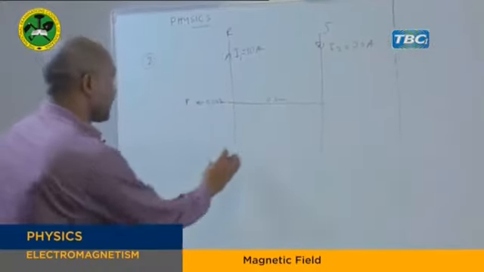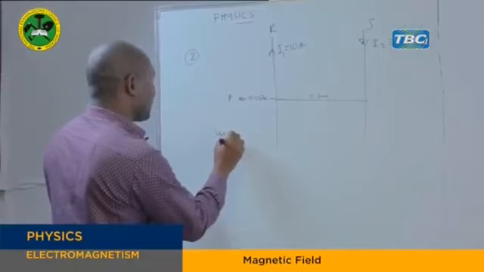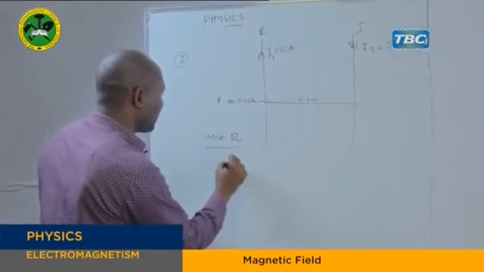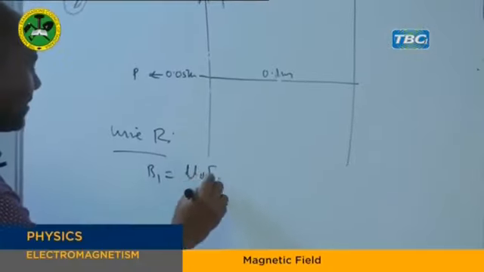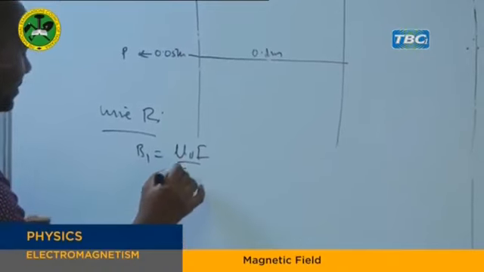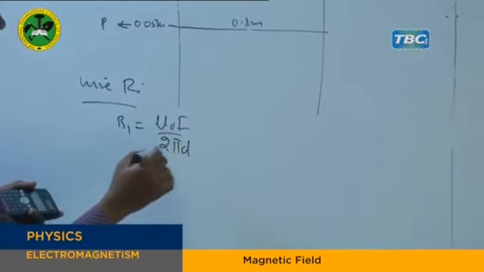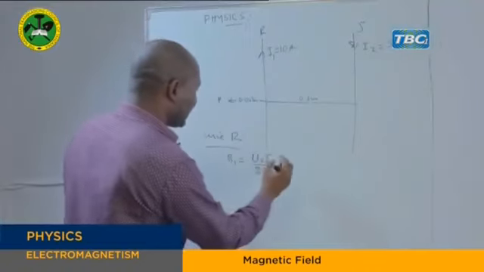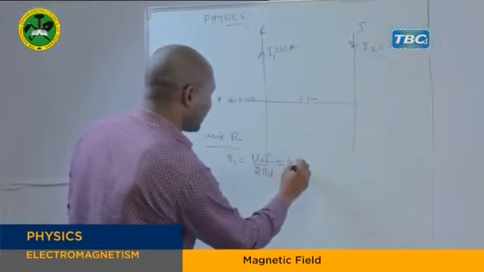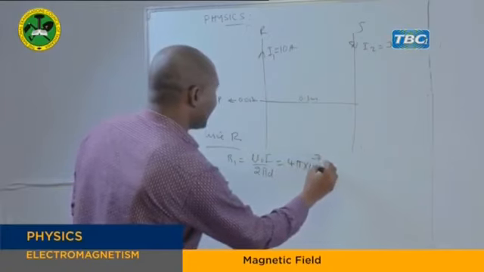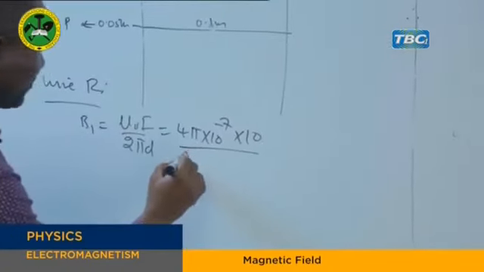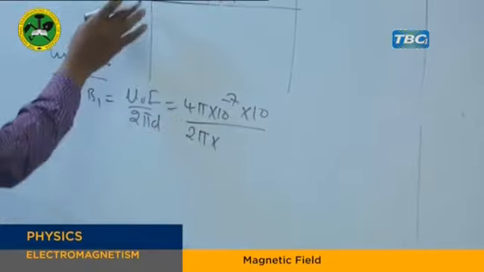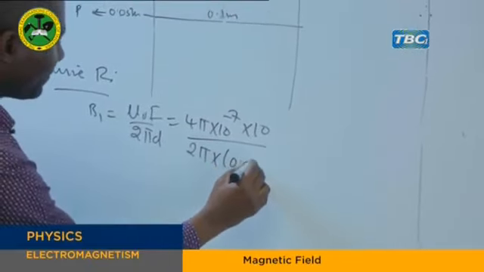Let's consider R, where we have B1 equals mu I over 2 pi D. Which means it's given by 4 pi times 10 negative 7 times 10 over 2 pi times, now the distance here is 0.05.